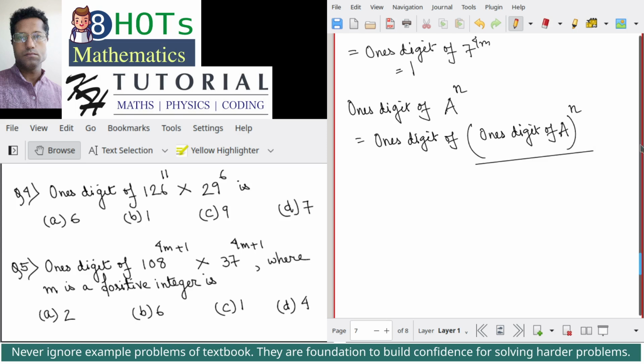Then you will have to apply the concept of the patterns followed by the ones digit of the powers of all the digits.